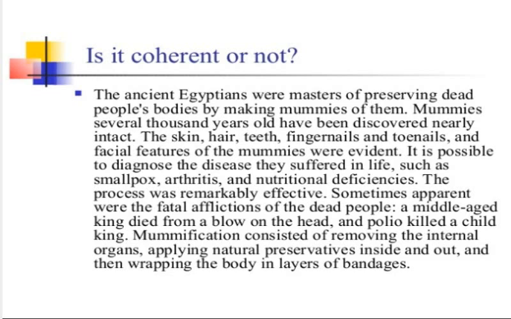The process was remarkably effective. Sometimes apparent were the fatal afflictions of the dead people. A middle-aged king died from a blow on the head, and polio killed a child king. Mummification consisted of removing the internal organs, applying natural preservatives inside and out, and then wrapping the body in layers of bandages.